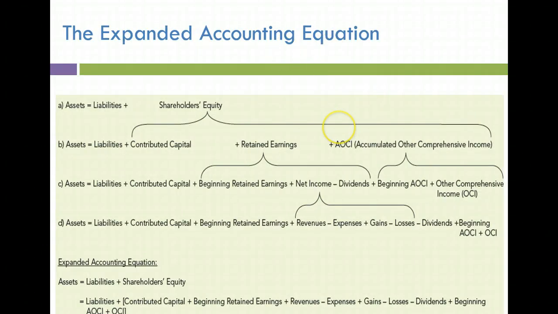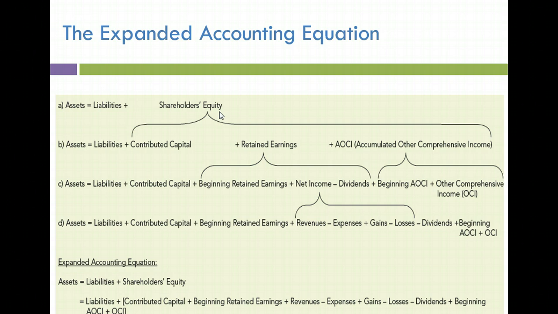This is a complicated breakdown of the accounting equation. The only reason it's really complicated is that assets are assets, liabilities are liabilities, but we take the shareholders' equity section and break down its various components.